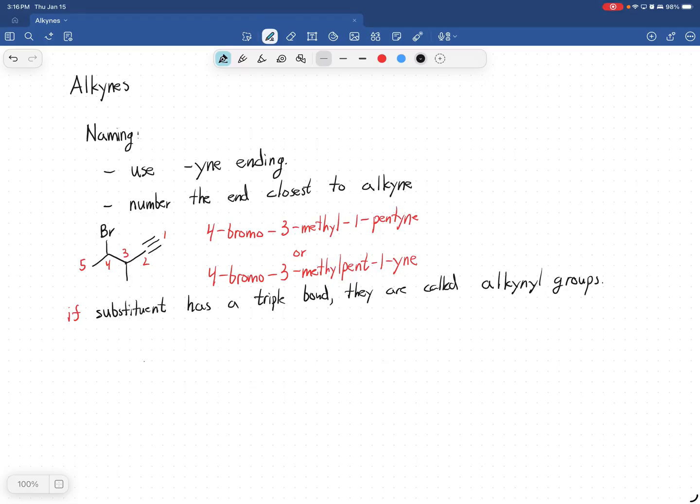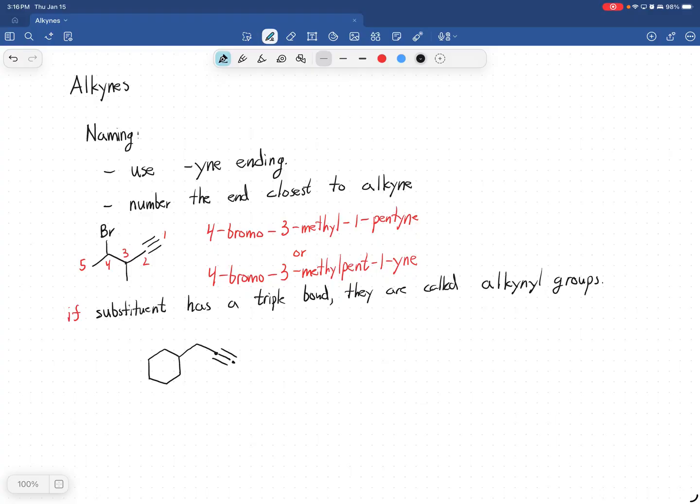So for example, let's say we have our cyclohexane. Remember, you find the longest chain in the ring or on the linear chain that extends from it. Remember, these are actually 2 carbon atoms, so I'm going to put them as dots so it's clear that they're still carbon atoms.